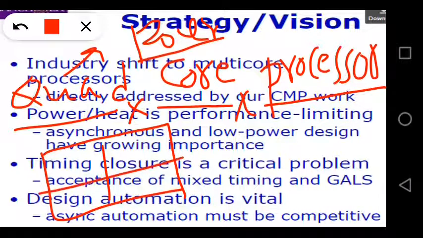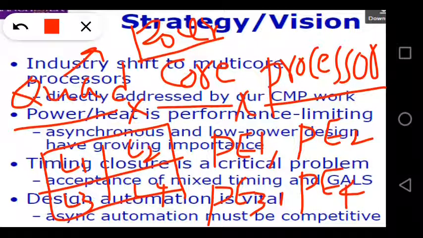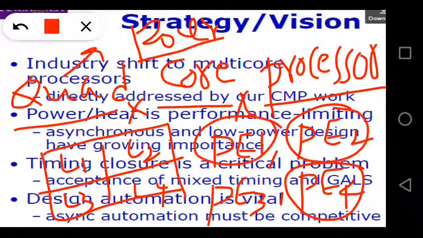So divide this processor into 4 processing elements: PE1, PE2, PE3 and PE4. So these are the 4 processing elements.